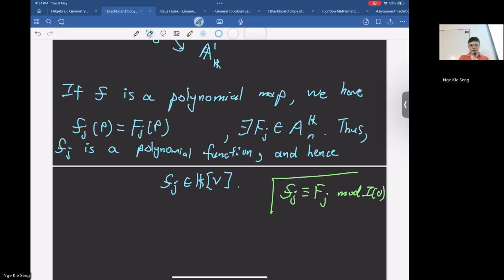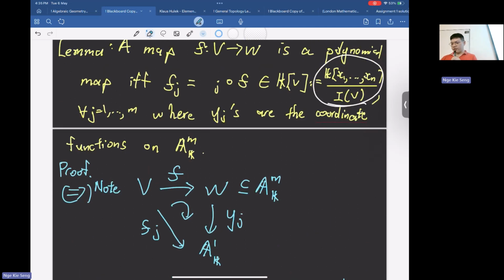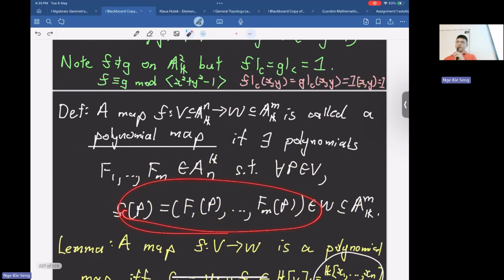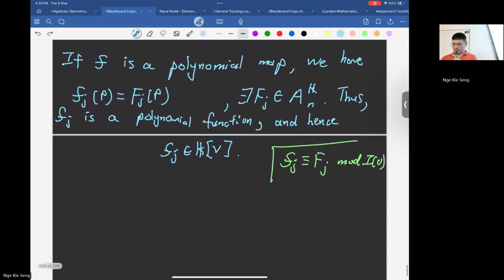Right. Okay, and then the other direction is obvious. If you know that all the components are already polynomial functions, then you put them together, obviously it's a polynomial map. So the other direction should be obvious.